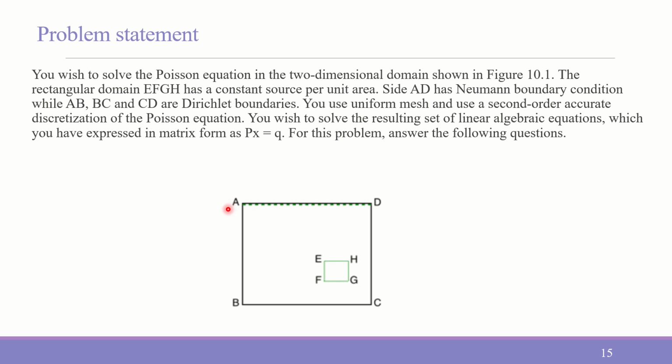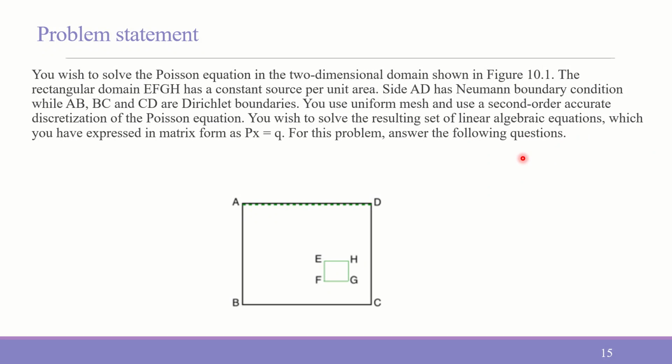It is given that AD has Neumann boundary condition, that is the value of the gradient is specified, whereas AB, BC, CD are Dirichlet boundary conditions. You use a uniform mesh and a second order accurate discretization of the Poisson equation.